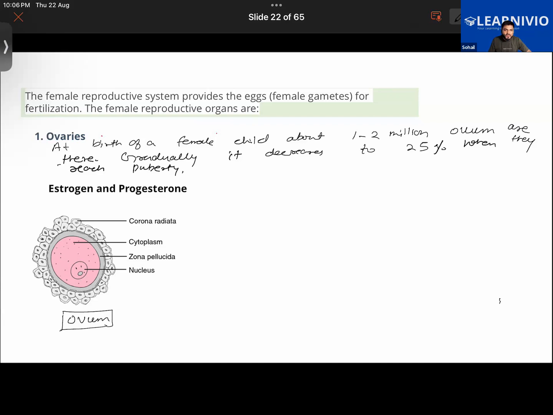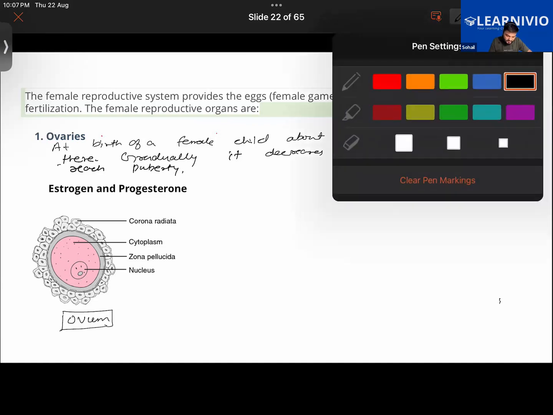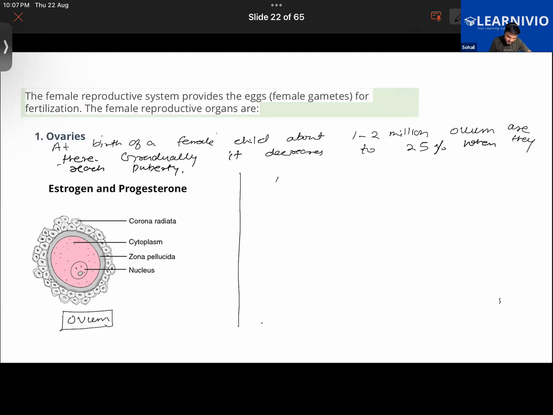The female reproductive system will comprise a pair of ovaries. This ovary is the female sex organ that is responsible for the production of female gametes, that is ovum.